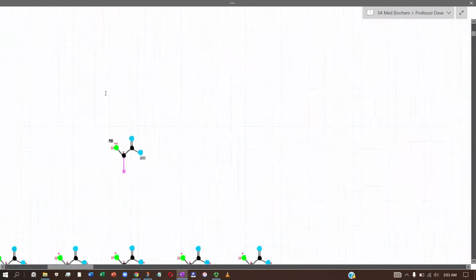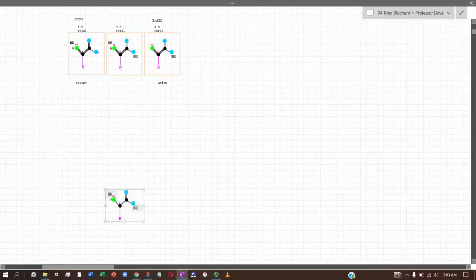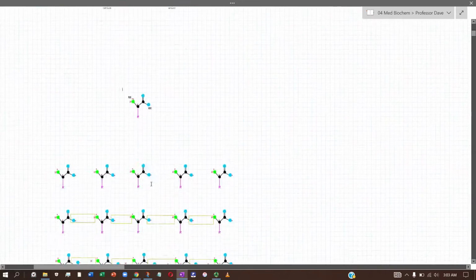Okay, so again, this is located directly below, which means that we are working with this amino acid in neutral conditions. So you have your plus there, and you have your minus. All right, let's move on.